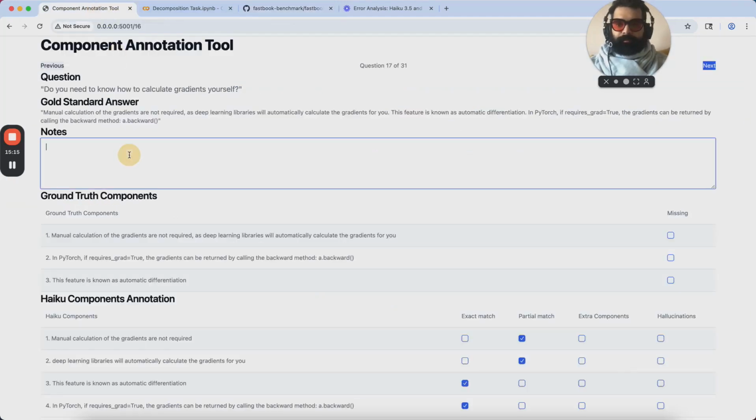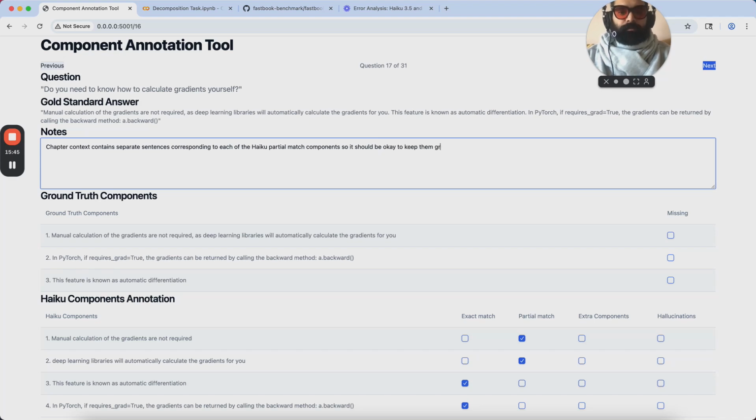So yeah, I think the chapter context contains separate sentences corresponding to each of the Haiku partial match components. So it should be okay to keep them more granular than mine.